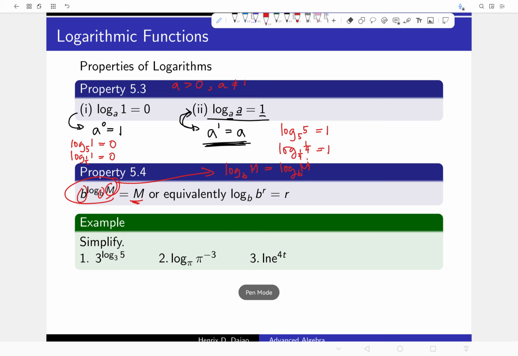Of course, we will also show why the logarithm of b raised to r with base b is equal to r. Why is this equal to r?